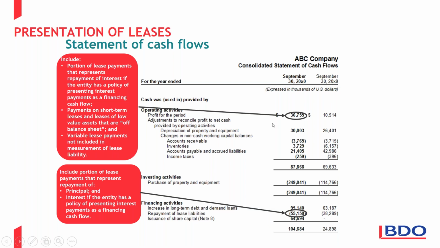And when you look at the interest part of the repayment of lease liability, or the interest expense, it's an accounting policy choice whether it's a financing activity or part of operating activities. So there's a few alternatives, and you've got some accounting policy choices to apply in that situation.